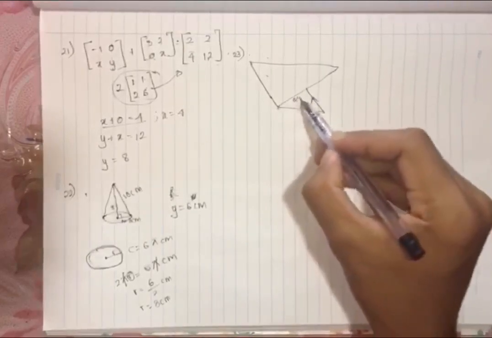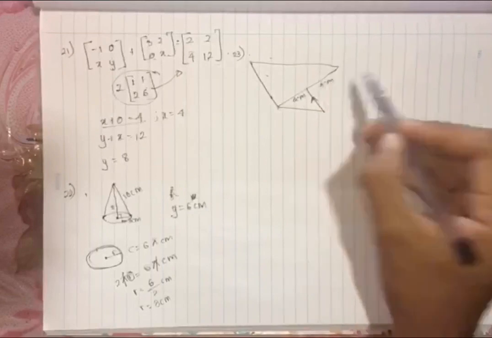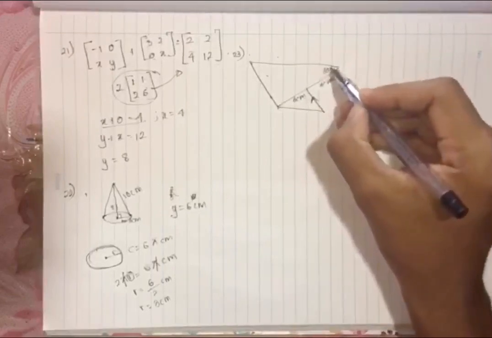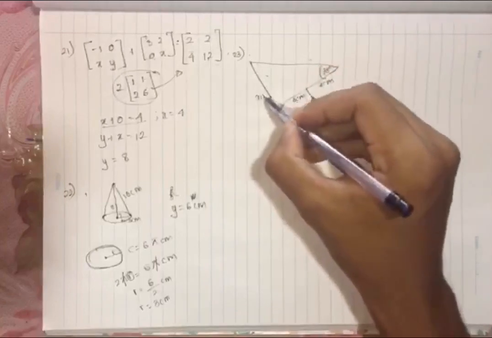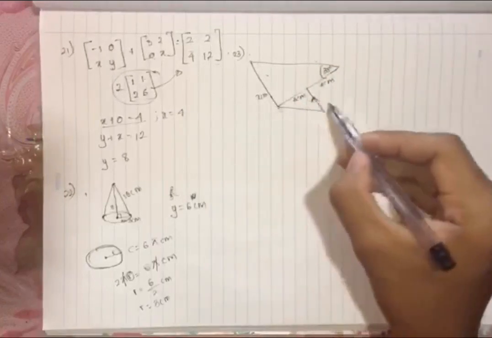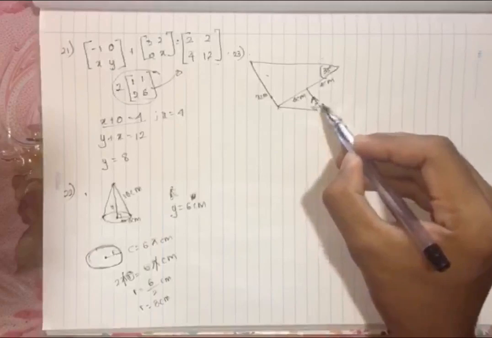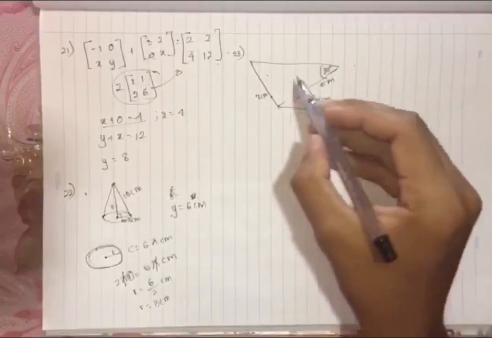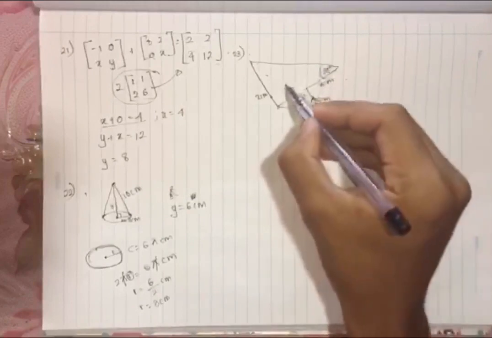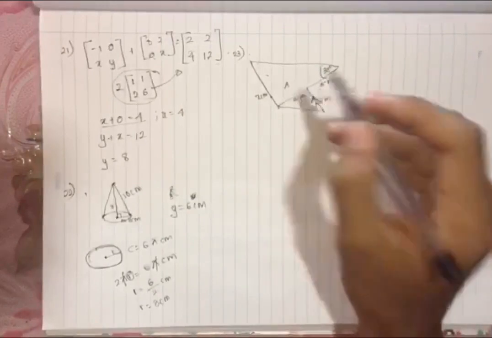This is given as 6 centimeters, 4 centimeters. Only one angle is given, that is 35. Here x is given, 35 is given here, and then 5 centimeters is given here. Now consider both triangles. Let us say this is A, this is B. A is the bigger one.